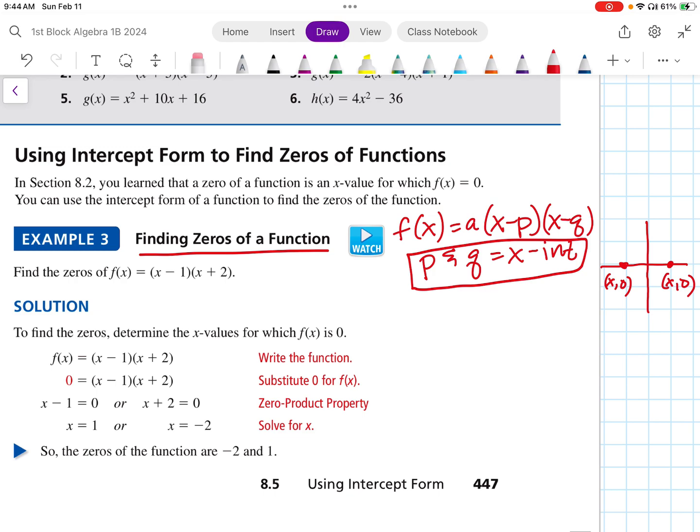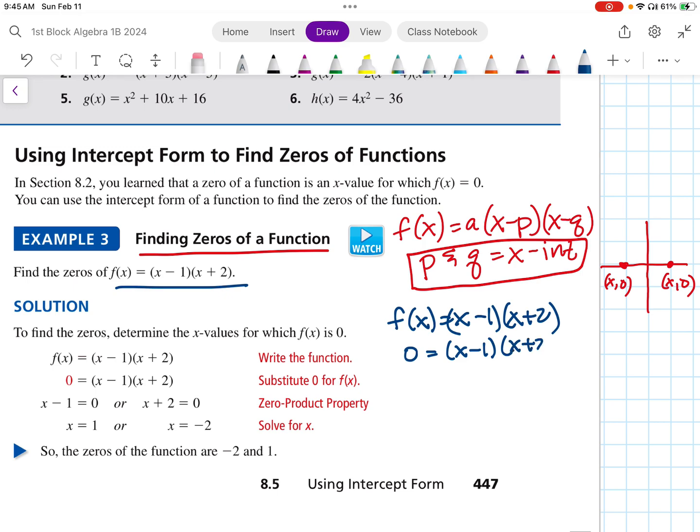So here we have the form f of x equals x minus 1 times x plus 2. Well, if we want y to be 0, then we set this equal to 0. And we know that if we're multiplying two things and our answer is 0, at least one of those two things has to be 0.